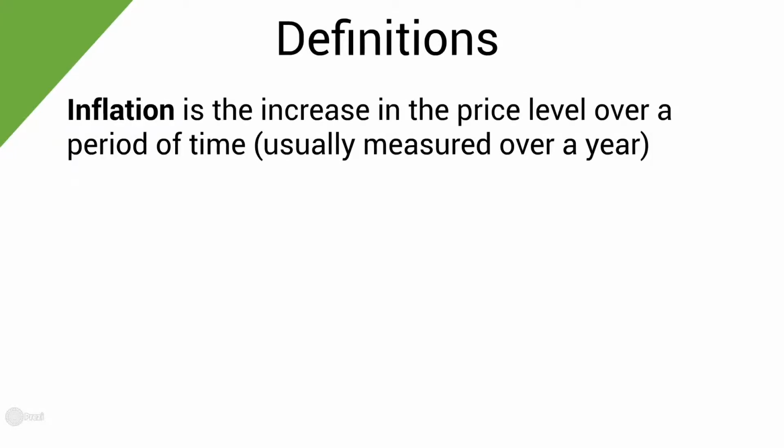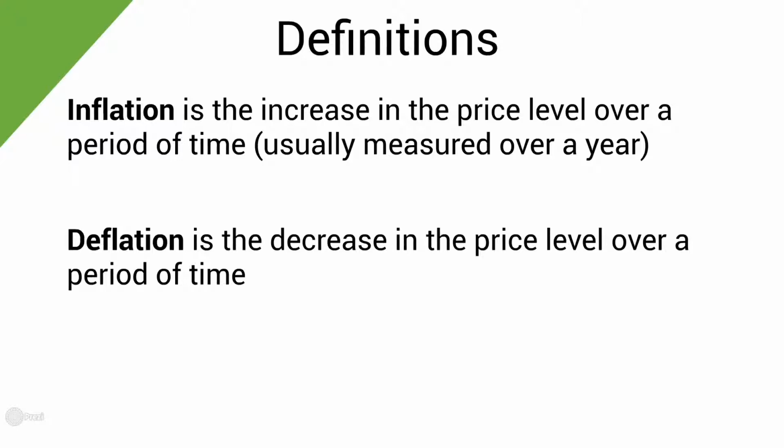Let's first start with inflation. Inflation is the increase in the price level over a period of time. Usually, this period of time is a year. Deflation is the decrease in the price level over a period of time. Again, usually measured over a year.